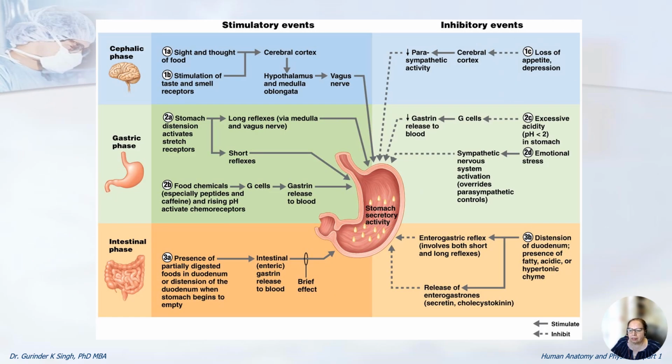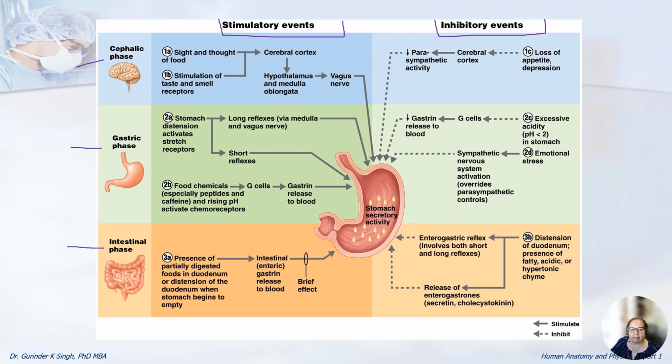All right, so let's summarize again the regulation of the gastric secretions. In this picture, we have stimulatory events, and then we have the inhibitory events. This is just a repetition of what we just talked about. So we have three phases: cephalic phase, gastric phase, and the intestinal phase.